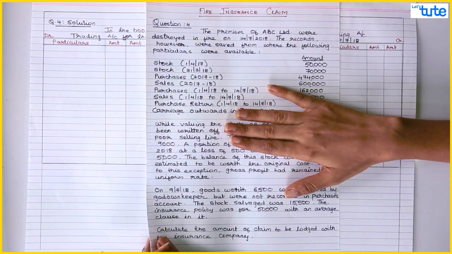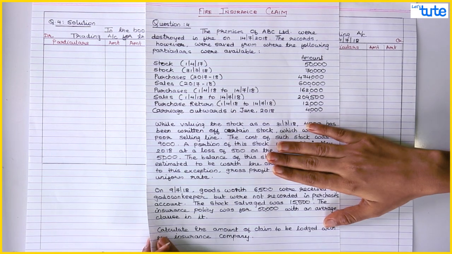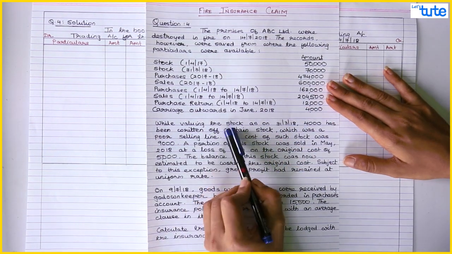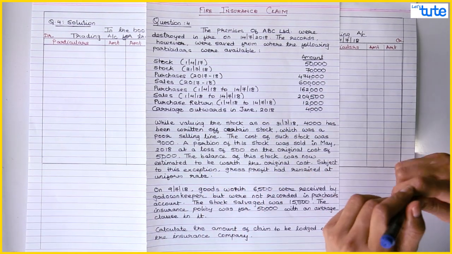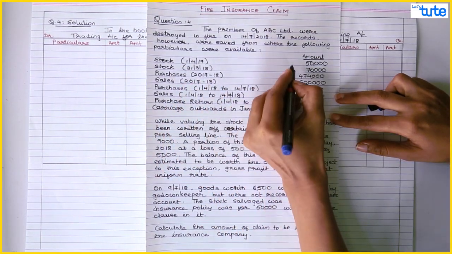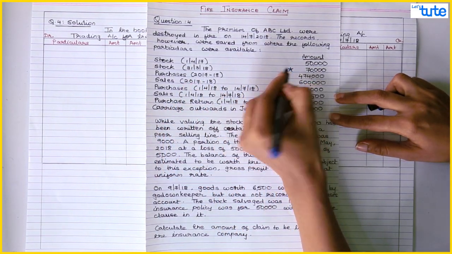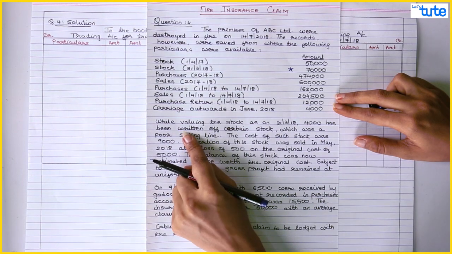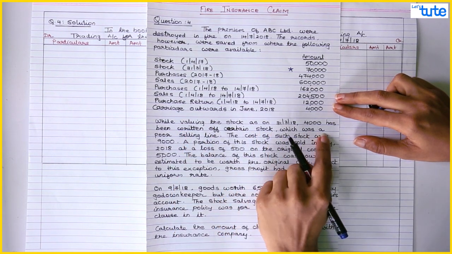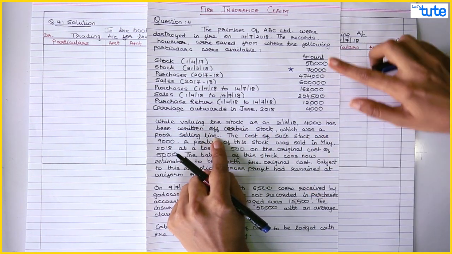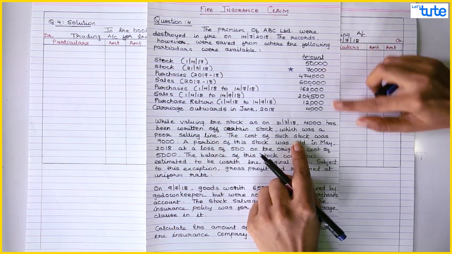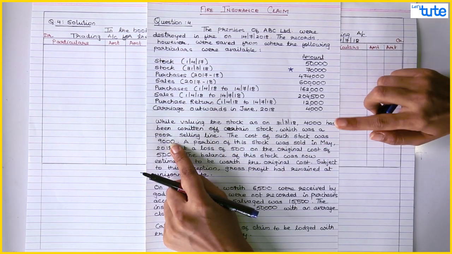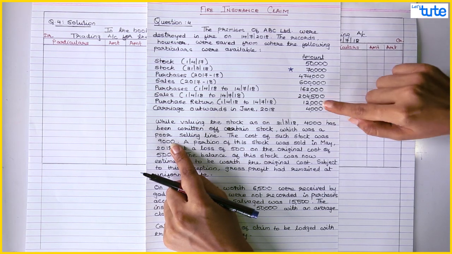This is your normal data, but now this is important. While valuing the stock as on 31st March 18, 4,000 has been written off certain stock which was a poor selling line. We'll do the adjustment for that. The cost of such stock was 9,000. So this stock must have been purchased in that year.